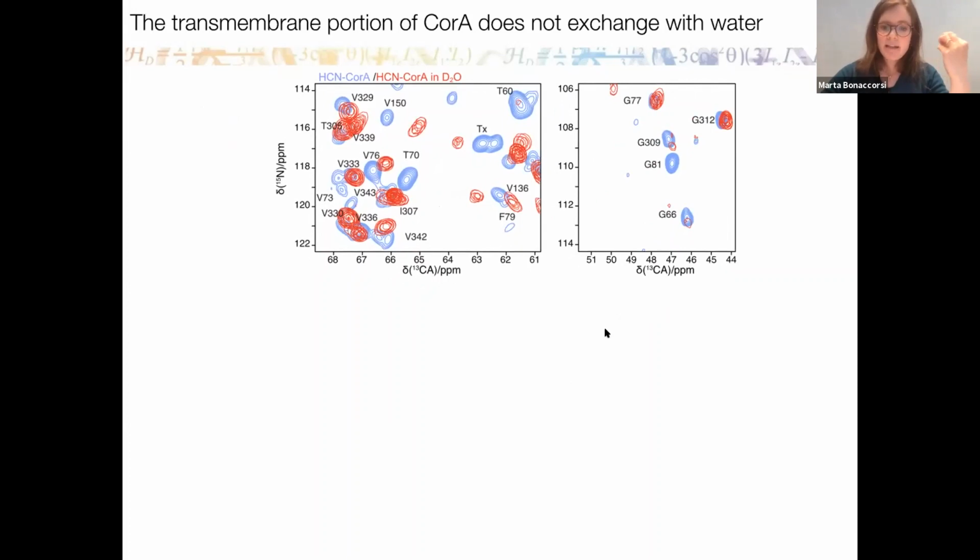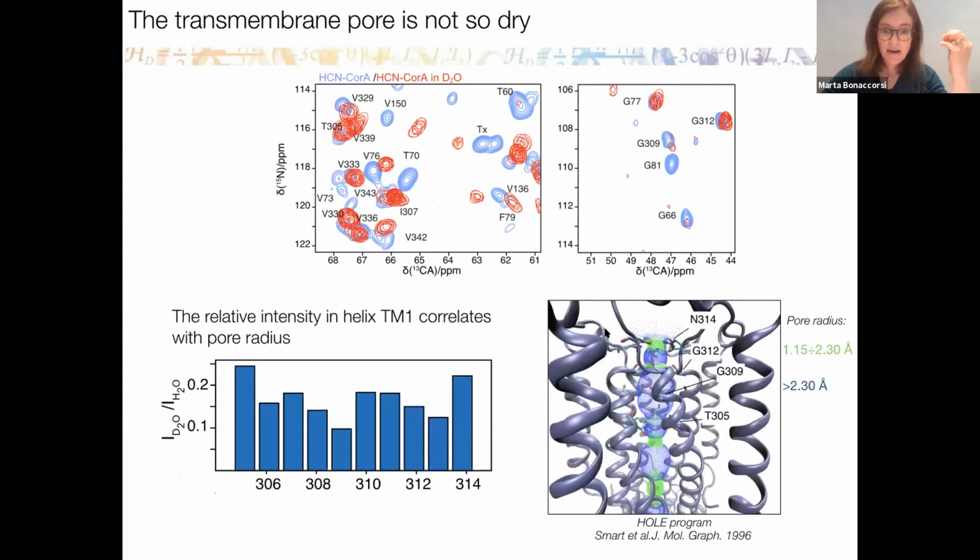But this doesn't mean that the transmembrane pore is dry. Indeed, when comparing the relative intensity of the peaks of the sample of protonated core A in D2O and in H2O, we obtain an interesting correlation with the size of the pore shown here on the right.